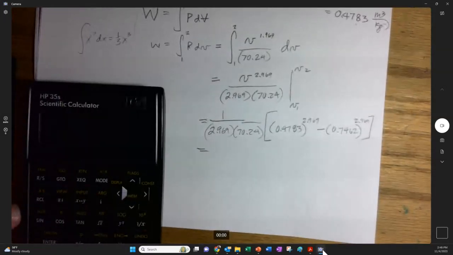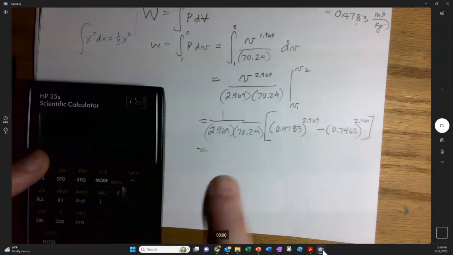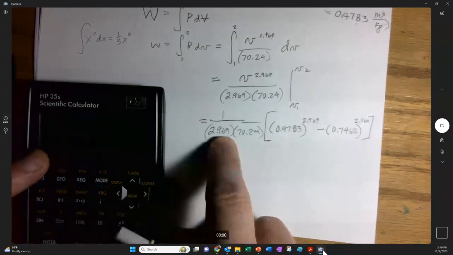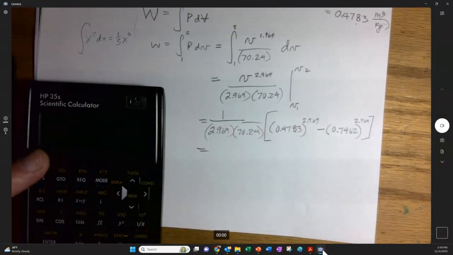So 0.4783, raise it to that, and then 0.7462, raise it to that. Subtract it out. Comes out to a negative number, and we're going to divide it by both of these. That doesn't feel right. And we'll do it anyway.